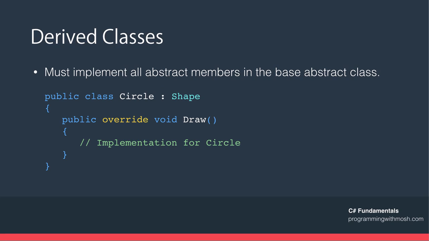The third one is that in a derived class, you must implement all abstract members in the base abstract class. So in this case, our shape class had only one abstract method, that was draw. If it had 3 abstract methods, you had to override all these 3 abstract methods.